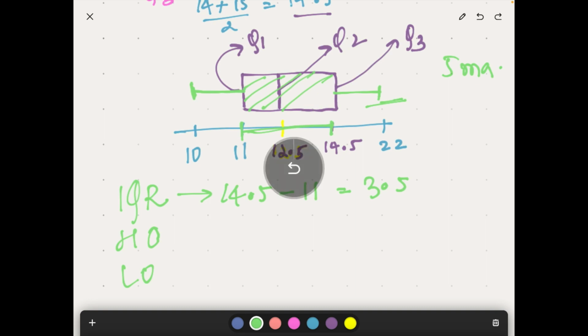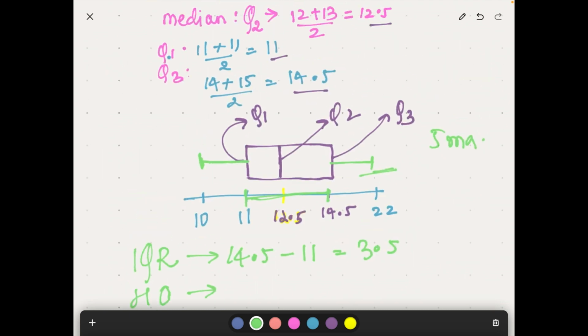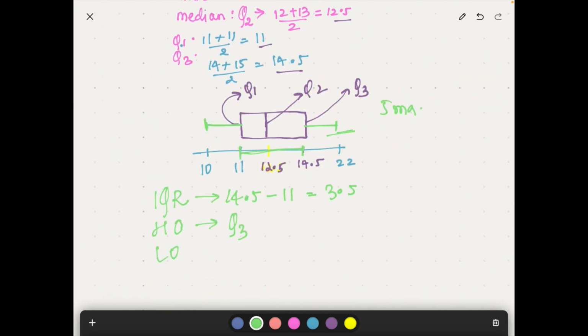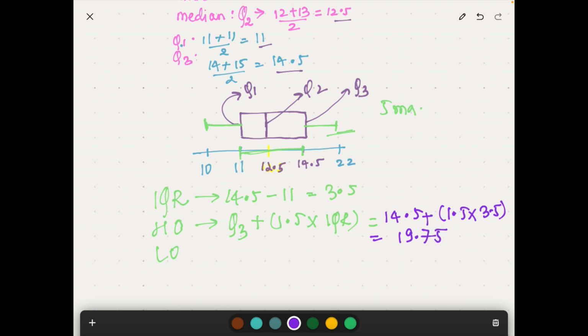The entire value is 3.5. Next, the higher outlier. The formula for that is Q3 plus 1.5 into your interquartile range. 1.5 is already predetermined, we cannot make any changes there. So that is going to be 14.5 plus 1.5 into 3.5. The answer here comes out to be 19.75.